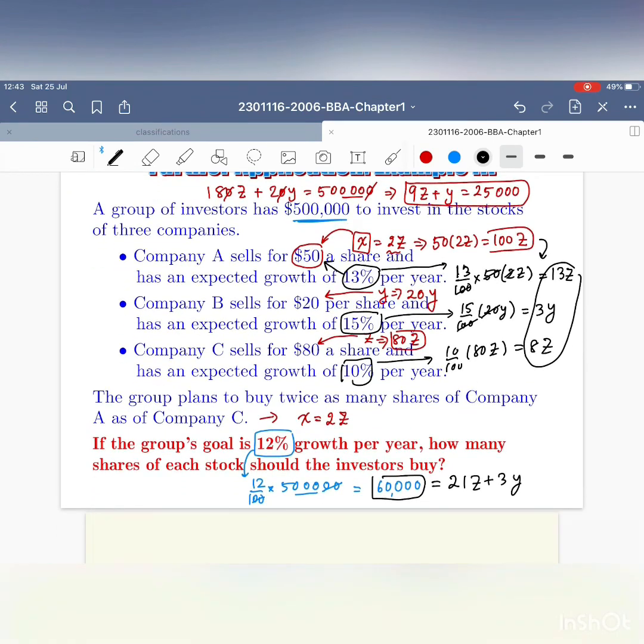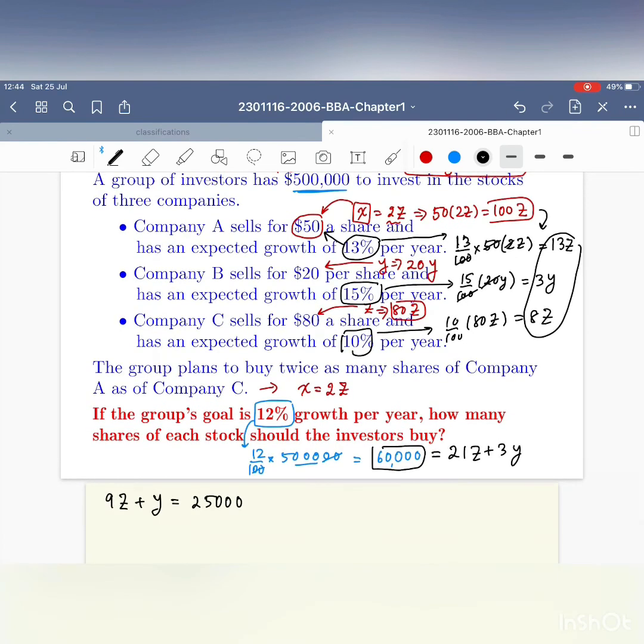And actually you can do a simplification. So let me just write down the first condition that we need. It is 9Z and Y equals 25,000. The second one, you can divide it by 3, right? So you have 7Z and Y equals 20,000.